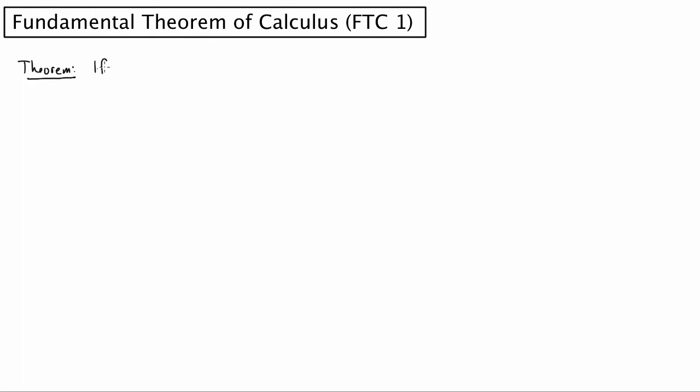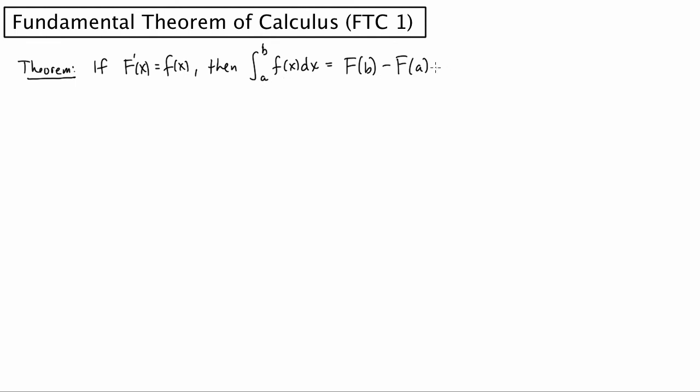It says, if you know that F prime of x is equal to f of x, meaning capital F is an antiderivative of f, then this definite integral that we've introduced in the last couple of videos, remember this is the area under the curve from a to b, rather than having to do a Riemann sum, what we can do is take the antiderivative of the function evaluated at b, and then subtract the antiderivative of the function evaluated at a.